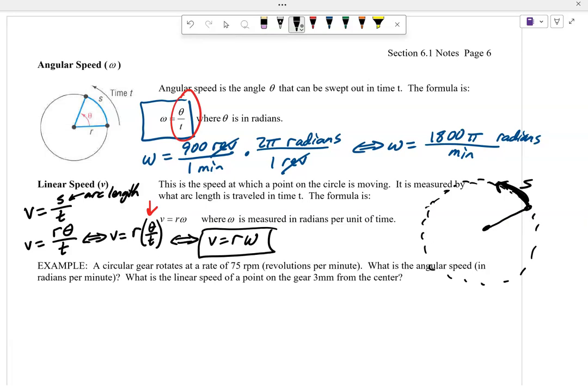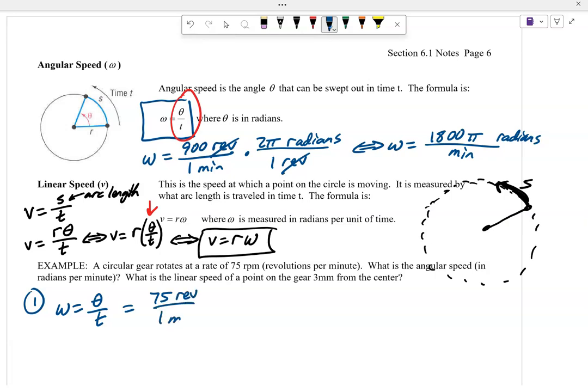So let's do an example here. We got a circular gear that rotates at a rate of 75 revolutions per minute. What's the angular speed in radians per minute? So number one, in order to find the angular speed, we need to find the angle in radians, right? So we've got angular speed is theta over t. And this is 75 revolutions per minute.